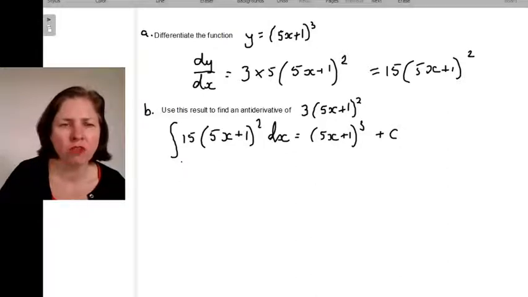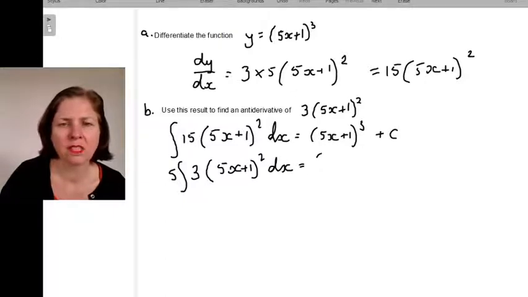So I'm going to just rewrite the left-hand side by taking out a factor of 5 and leaving the factor of 3 inside the antiderivative, and then the rest of it will stay the same. And it still equals the same on the right-hand side.